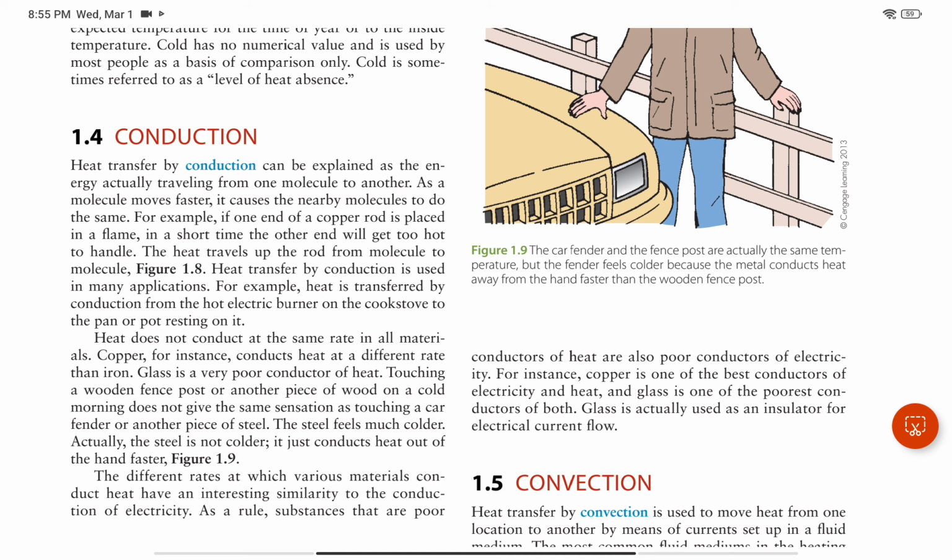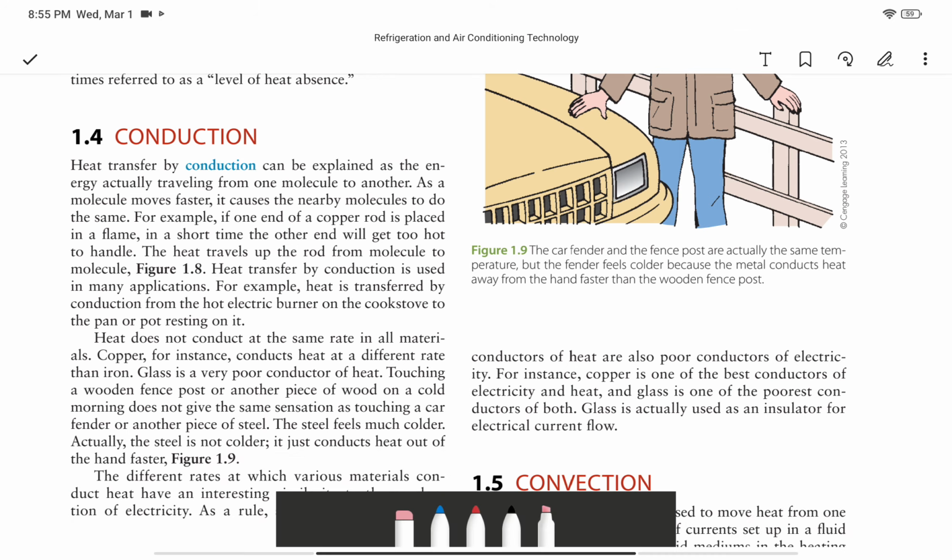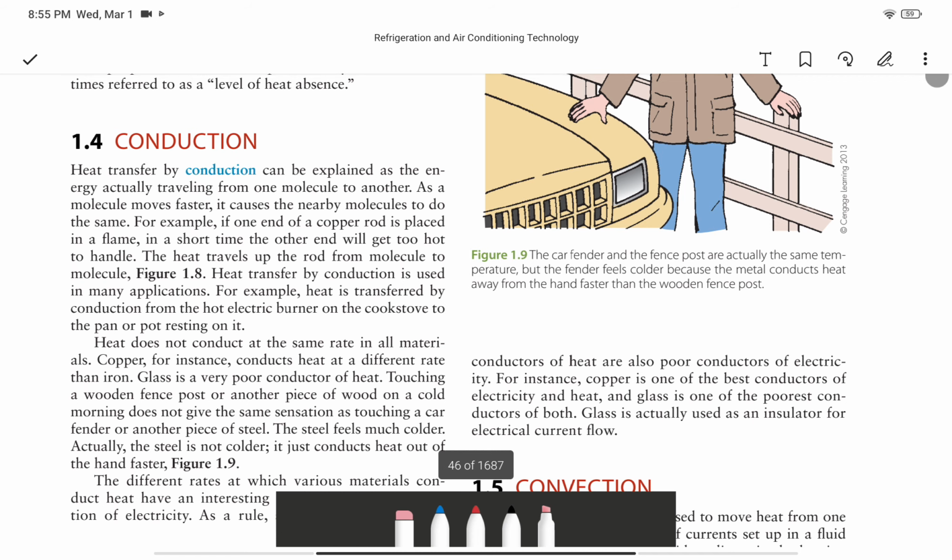Okay, conduction. Heat transfer by conduction can be explained as energy actually traveling from one molecule to the other. As a molecule moves faster, it causes nearby molecules to do the same.